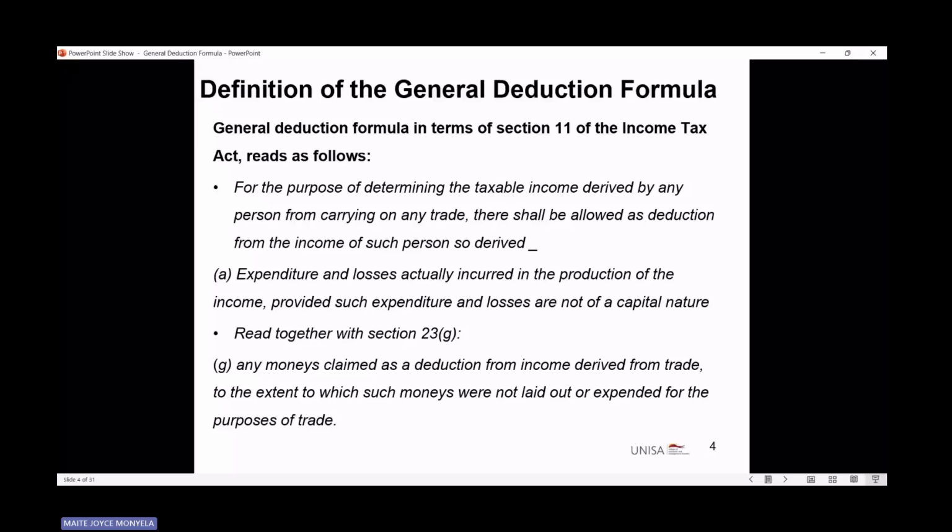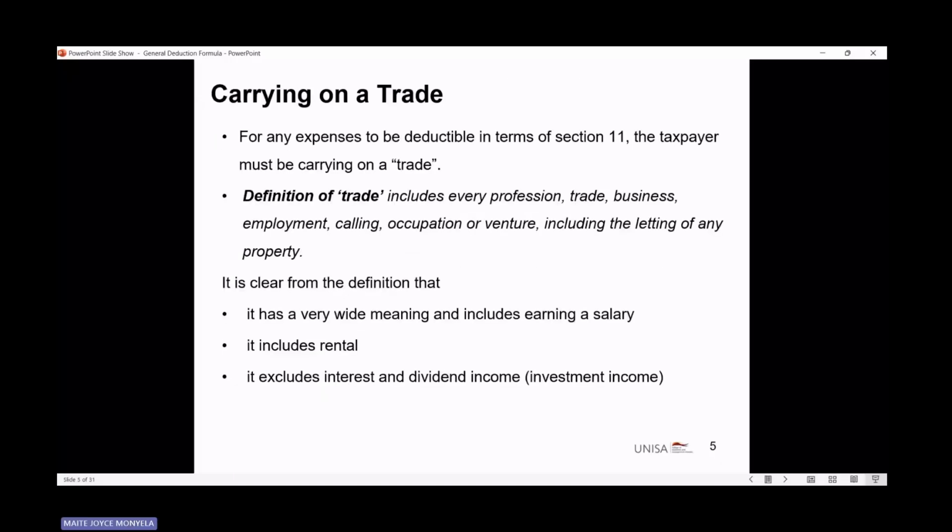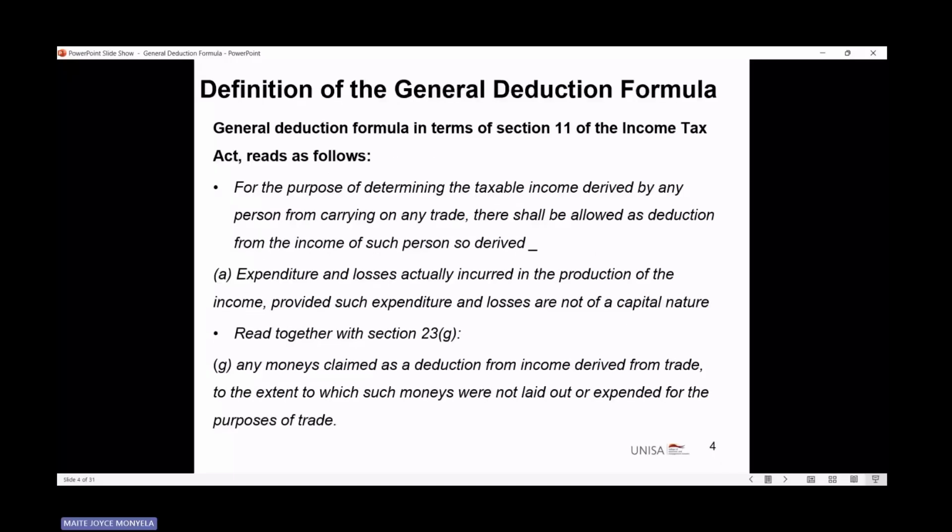It is the definition of the general deduction formula, read with section 23G and section 11A. According to section 11A, for the expense to qualify as a deduction, there must be expenditure or losses actually incurred in the production of income, provided that such expenditure and losses are not of a capital nature.